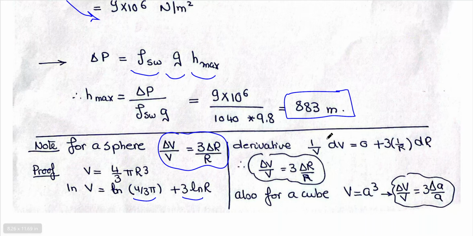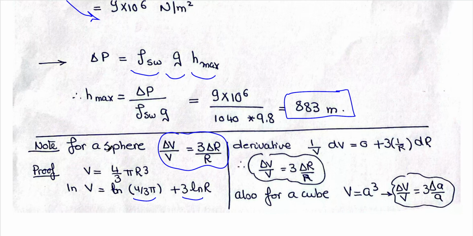The derivative of ln V is 1 over V dV, equals the derivative of the constant, which is 0, plus 3 times the derivative of ln R, which is 1 over R dR. So delta V over V equals 3 delta R over R.